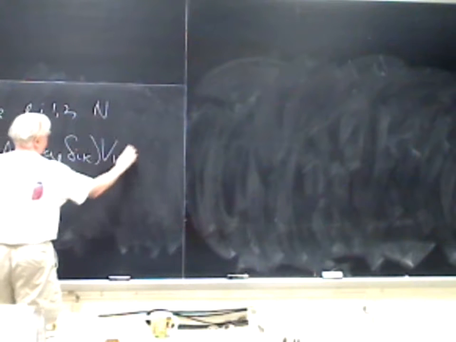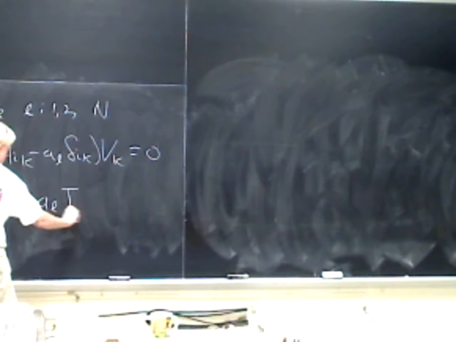And in order to see why, we can rewrite this equation in the form sum over k from 1 to n of (a_ik minus a_L delta_ik) v_k equals 0.